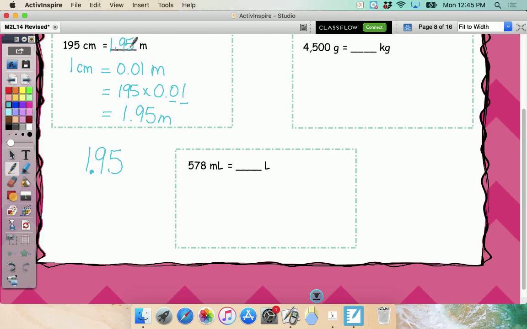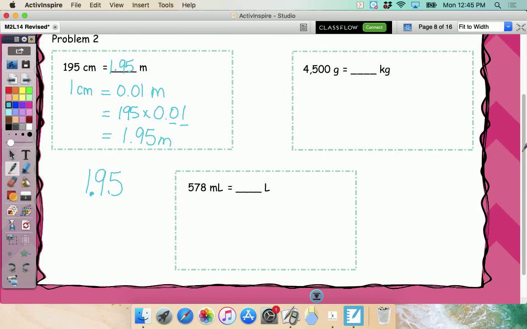Okay. Let's look at the next one. I think it is on your resource page. Is it there? Kilograms and grams? Okay, so which is larger, grams or kilograms? Kilograms. How many times larger is it? 1,000 times larger. So 1 gram, how do I write 1,000 as a decimal?